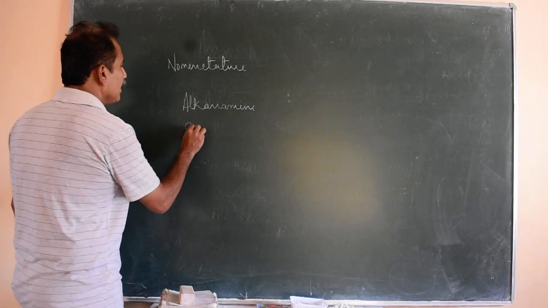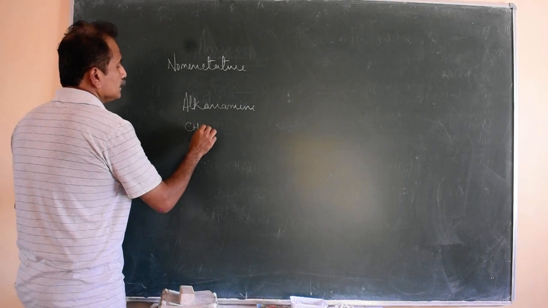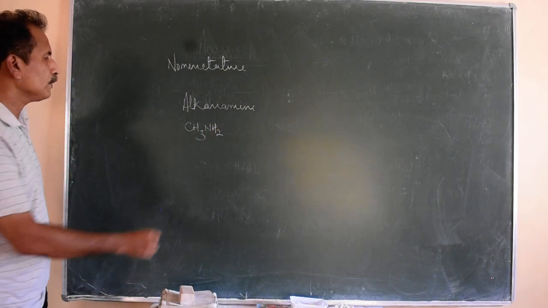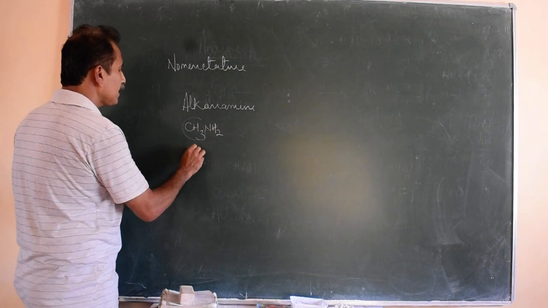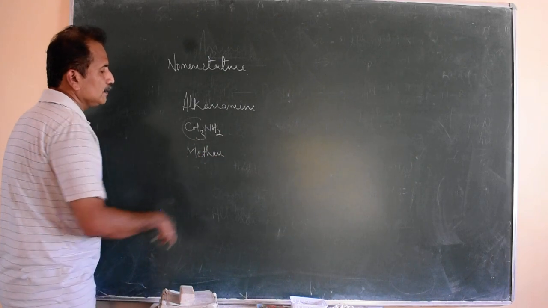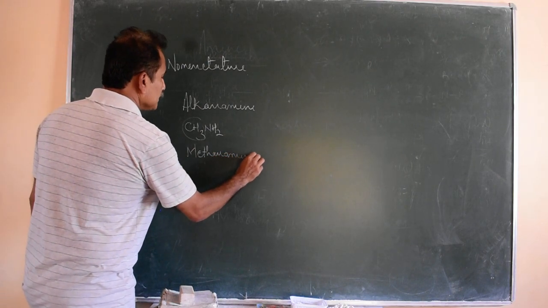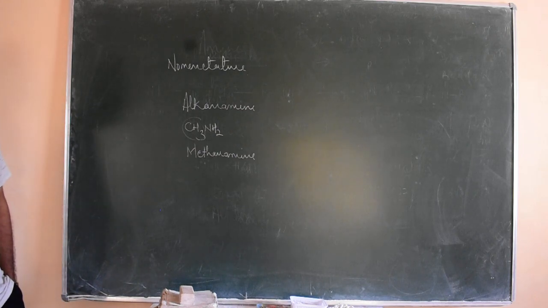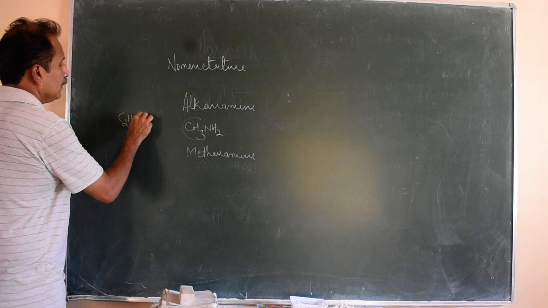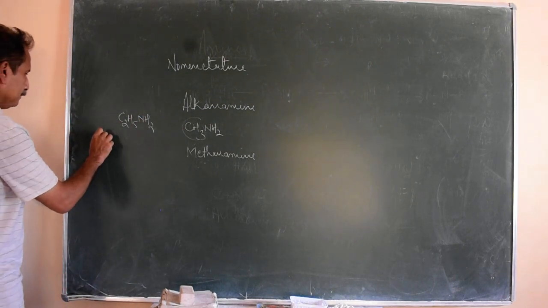Therefore, for CH3-NH2, single carbon, so methane, remove the E, add amine, it becomes methanamine. Similarly, C2H5 NH2 becomes ethanamine.